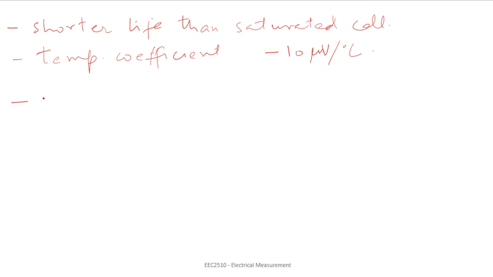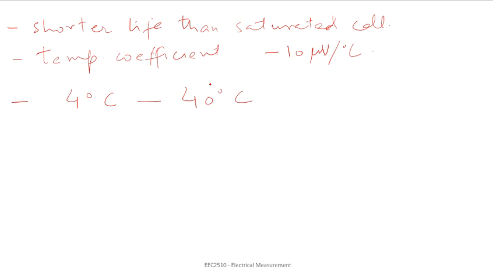And one more thing, that the working range for the unsaturated cell is in between 4 degrees Celsius to 40 degrees Celsius, that is it should not be operated below 4 degrees Celsius or above 40 degrees Celsius, because sometimes it is seen that beyond these limits, the extreme upper limit of reliability occurs at 50 degrees Celsius.